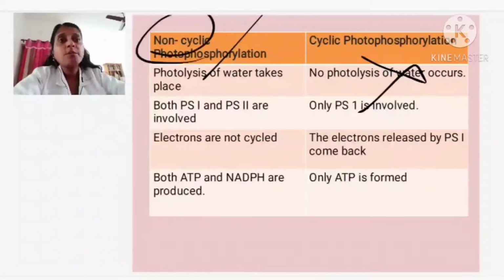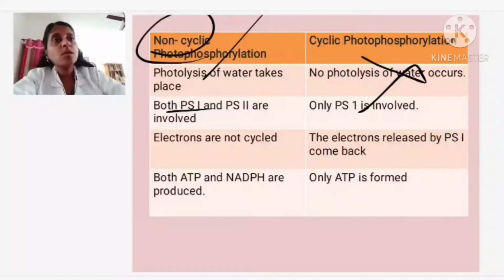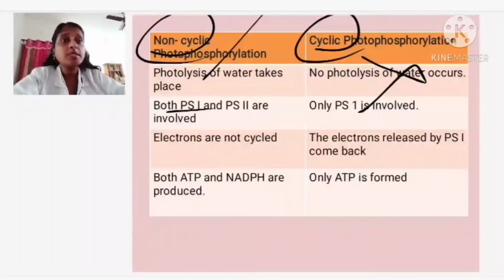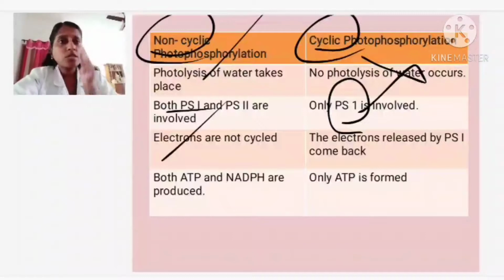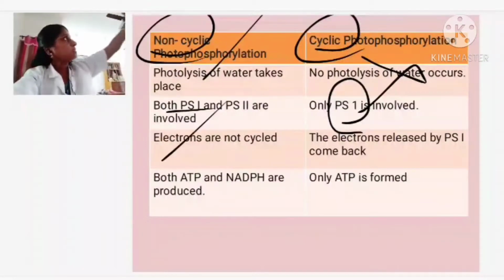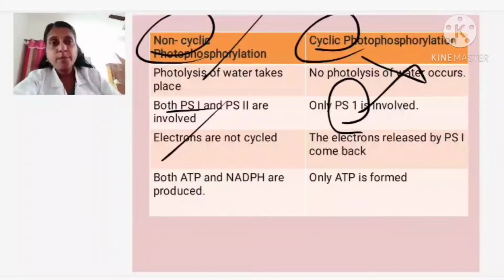In non-cyclic, both systems are involved, PS system 1 and PS system 2. But in cyclic, only PS system 1 is involved, PS system 2 is not involved. Electrons are not cycled here. The electrons go and are accepted by NADP, which gets reduced, and the final product is formed.